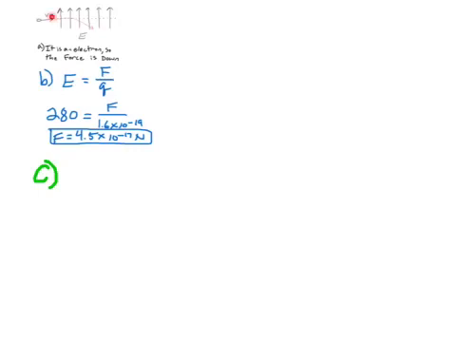It's experiencing a force. And we know, by looking at our table of information, that there is a mass for electrons. So what do we know about the force on a mass in relation to acceleration? Well, we know that force is equal to mass times acceleration, Newton's second law.